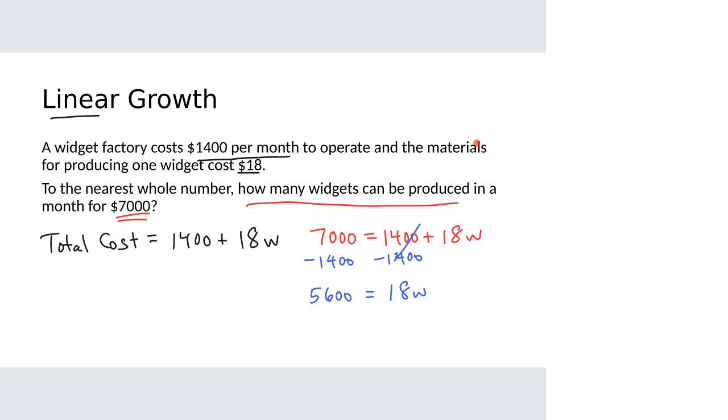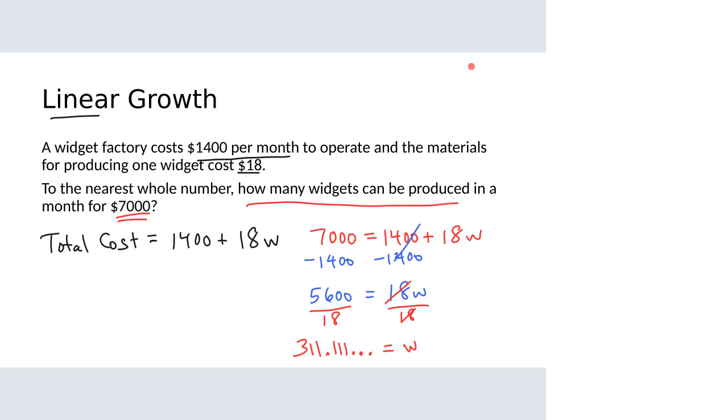Got 18 times W, just like we saw when we were reviewing our solving equations. I'm going to divide by 18 to make that go away. Those cancel, and that leaves me with W on the right, and 5,600 divided by 18 is 311.111, and that keeps going.